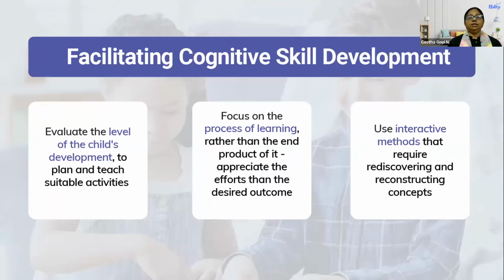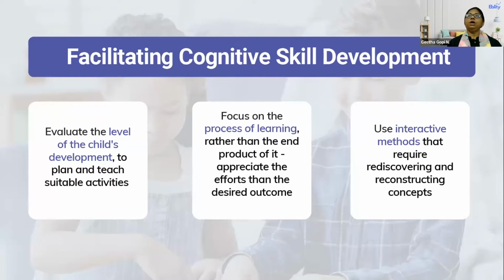Evaluate the child's level of development when you plan and teach suitable activities. So again, cognitive skills are not an individual area of development. It is very much intertwined with social skills, play skills, speech and language skills, motor skills, and so on.